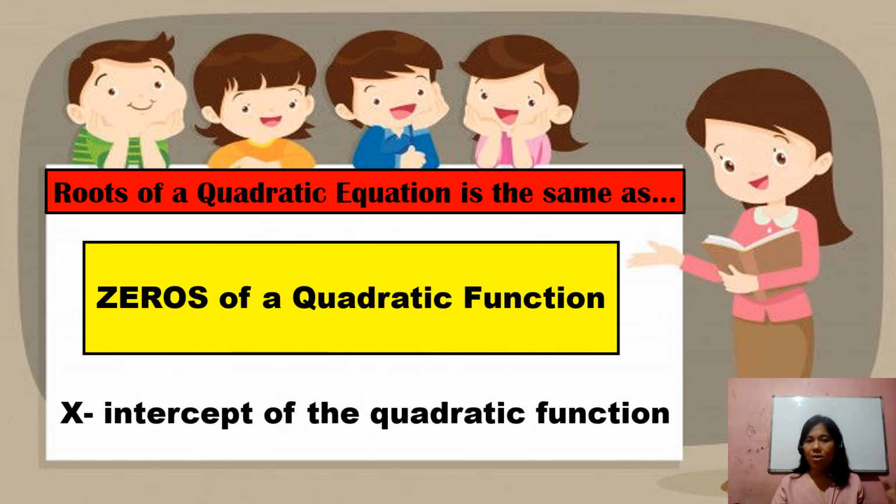All of these three will just give you the values of x. So when you are asked to identify zeros, roots or x-intercepts, all you need to do is go back to factoring, extracting square root, the quadratic formula, or completing the square. Okay?